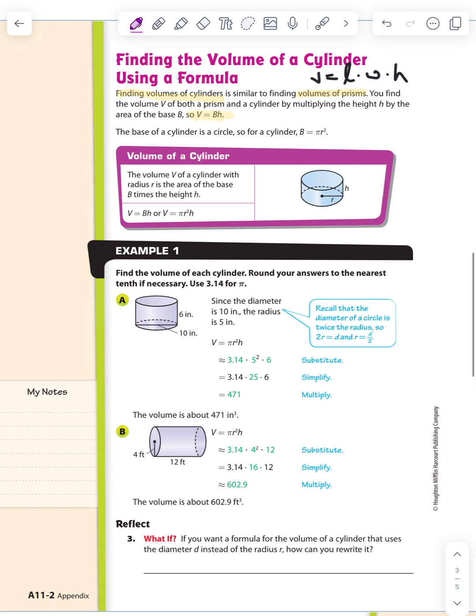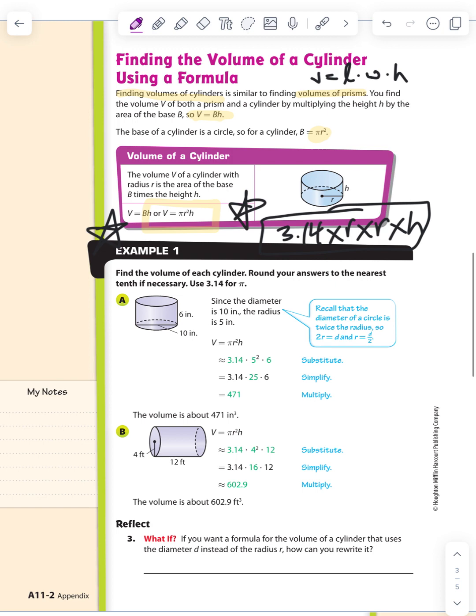Now we're just using our formula for area of a circle, which we know is pi r squared. So I would highlight this formula in your notes. This is super important to have. Pi r squared times height. And again, if you want to write that as 3.14 times r squared times h, that is how you will always see it in 7th grade.